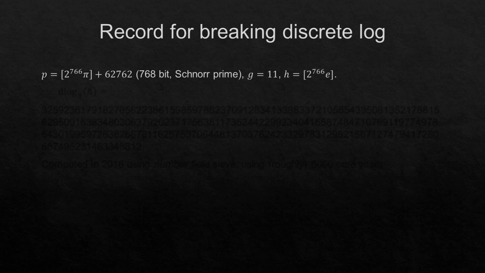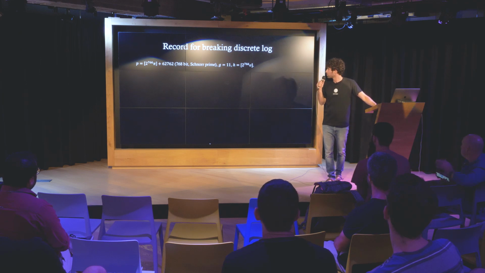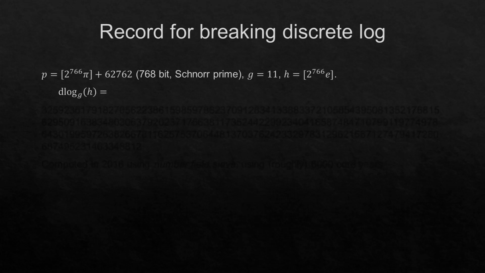There is a good reason to choose these numbers. P is a very safe prime that does not have any backdoor. And it turns out that the discrete log of H to the base G modulo this P is equal to this number.